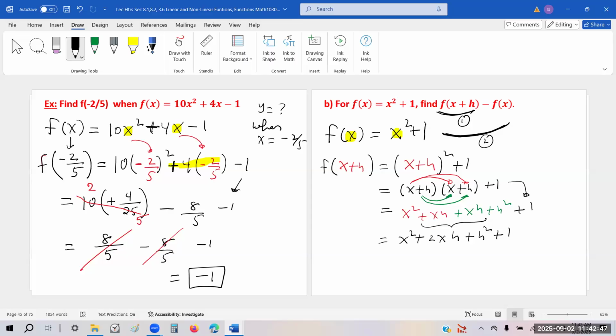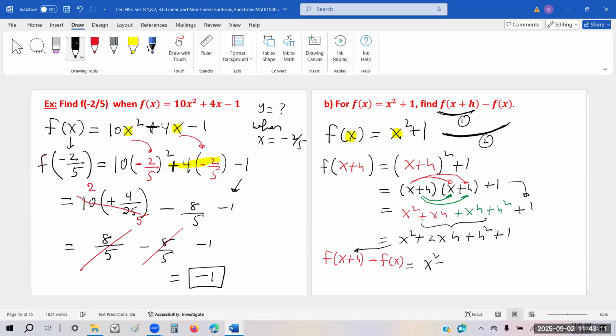So the second part is f of x plus h minus f of x. It means take the entire f of x plus h and subtract the original f of x.